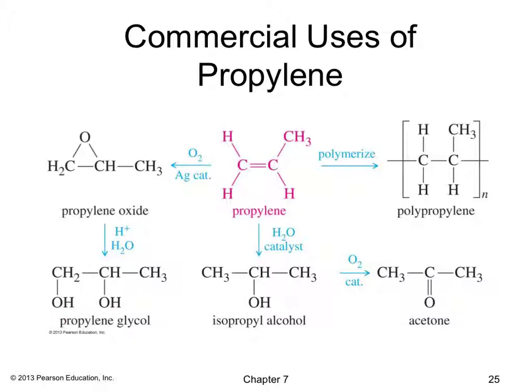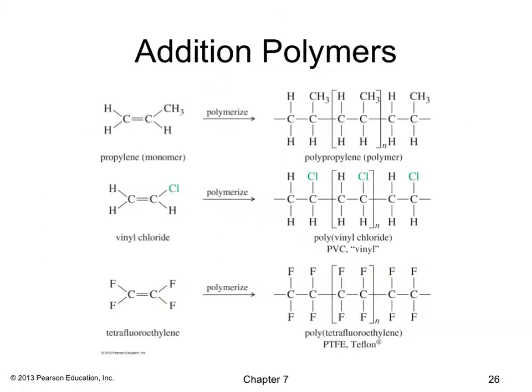React it with water in the presence of catalysts, isopropyl alcohol. You can oxidize that to generate acetone, right, the ketone from the isopropyl alcohol. And you can also polymerize to generate polypropylene. These are all examples of reactions, and many of these reactions you'll learn in the next chapters.